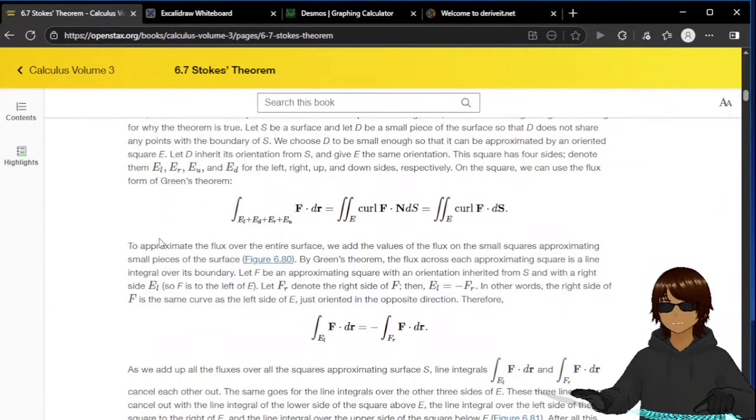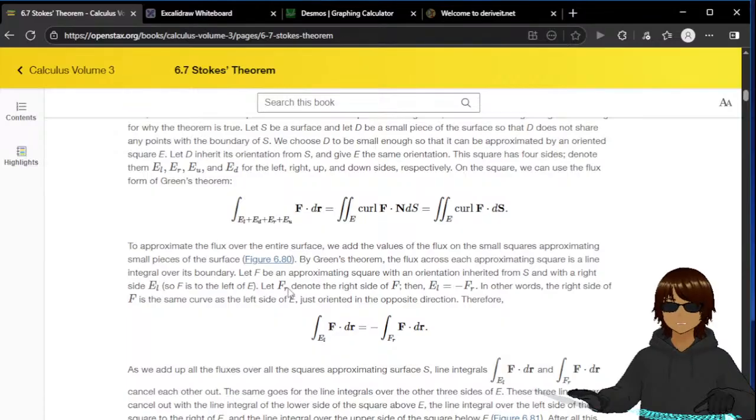To approximate the flux over the entire surface, we add the values of the flux on the small squares approximating small pieces of the surface. By Green's theorem, the flux across each approximating square is a line integral over its boundary. Let F be an approximating square with an orientation inherited from S and with the right side EL.